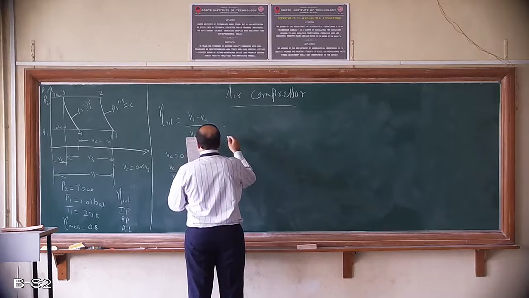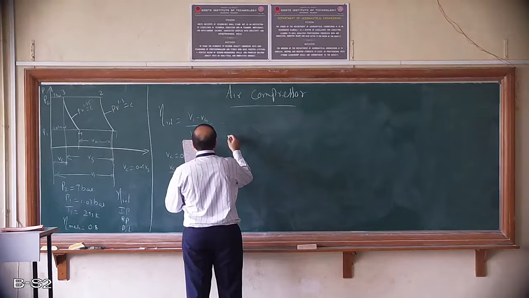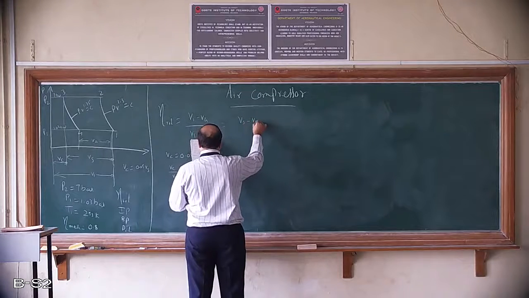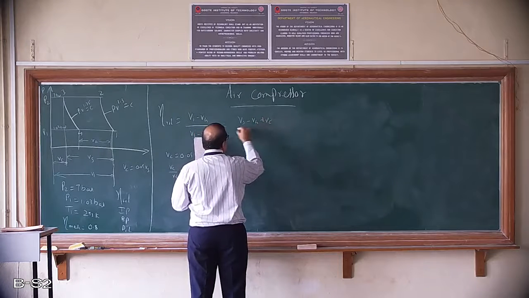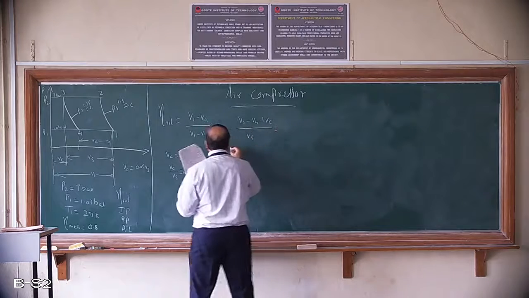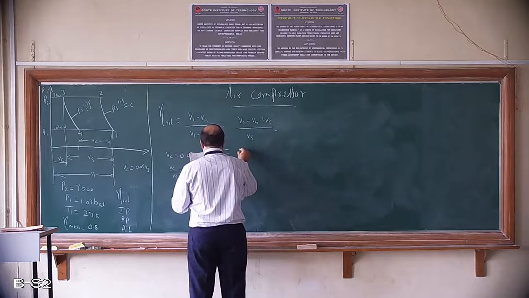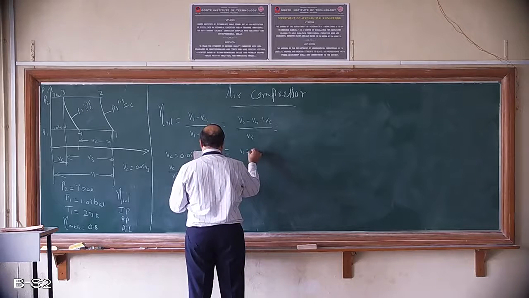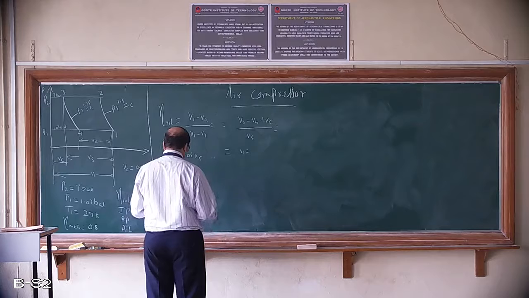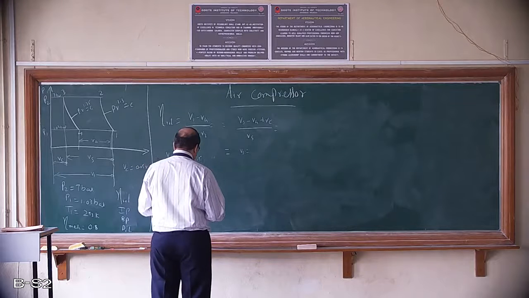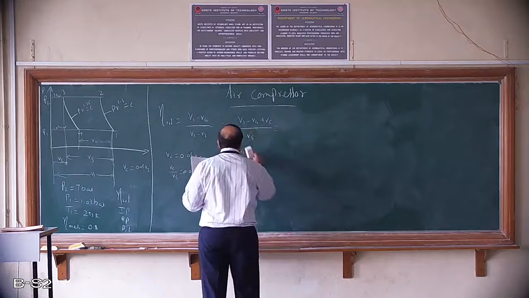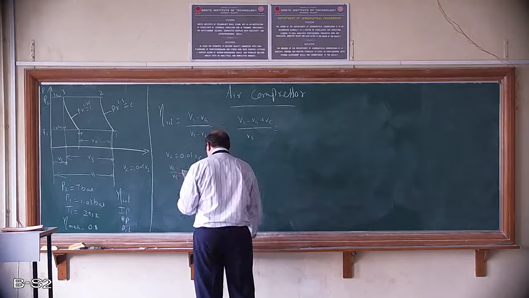So this I can write as Vs minus V4 plus Vc, and this as Vs. This in turn can be written as Vs into... so we know this. So first of all we need to calculate here.